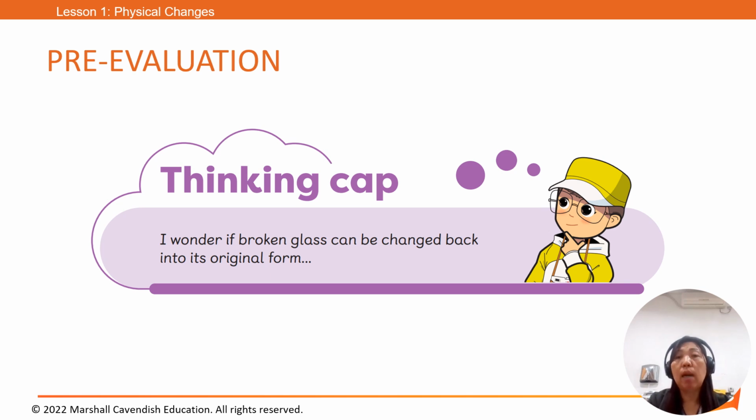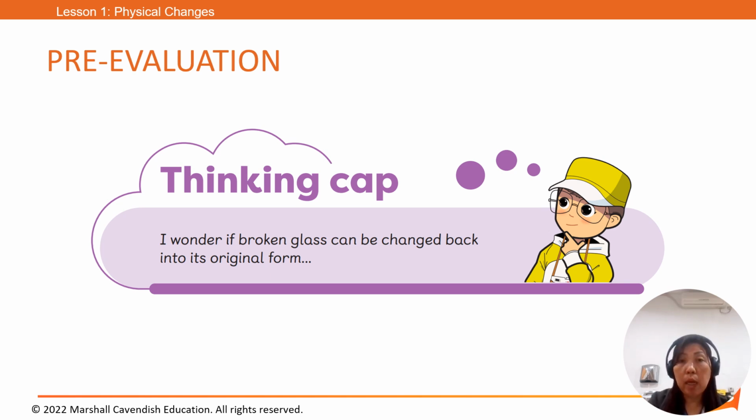Yes, the broken glass can be pieced back together. You use glue, for example, but it cannot change back to its original form where there are no cracks.